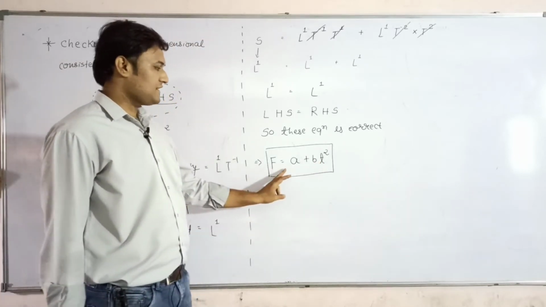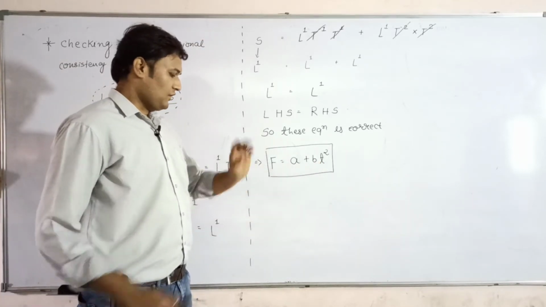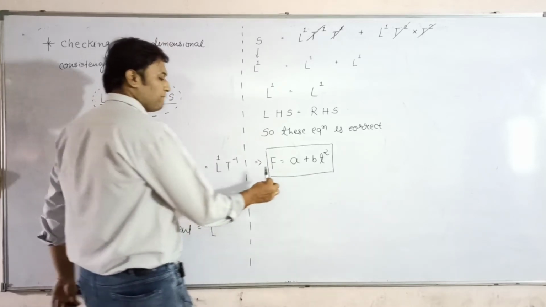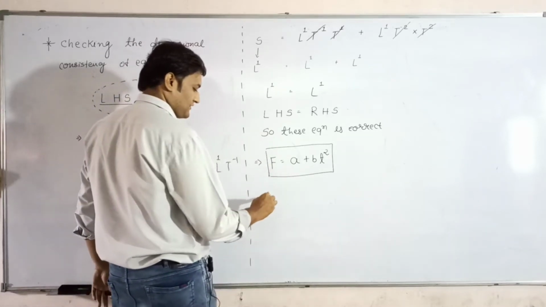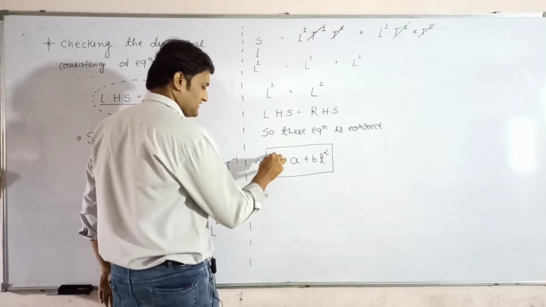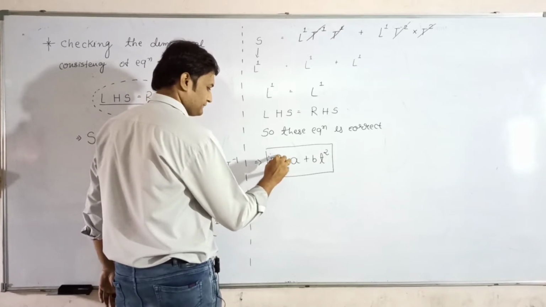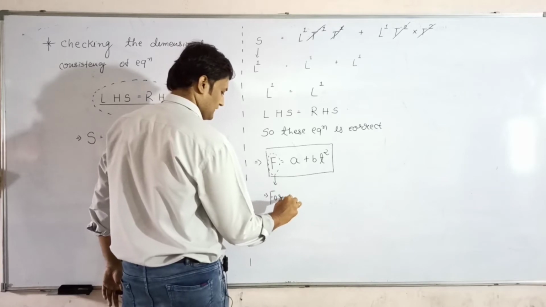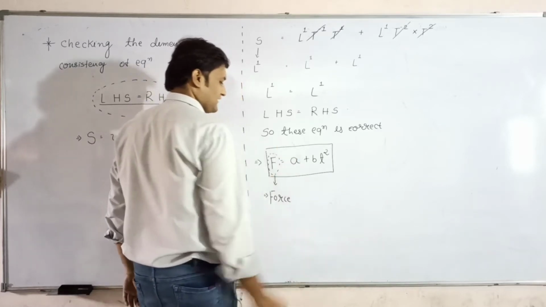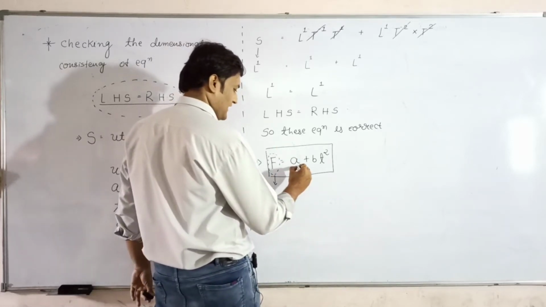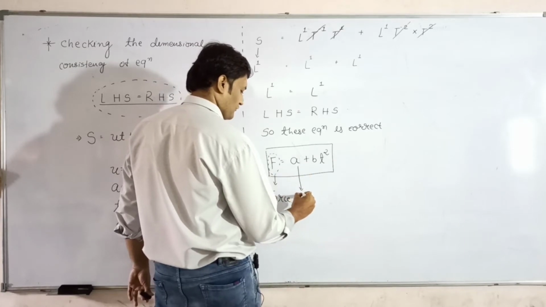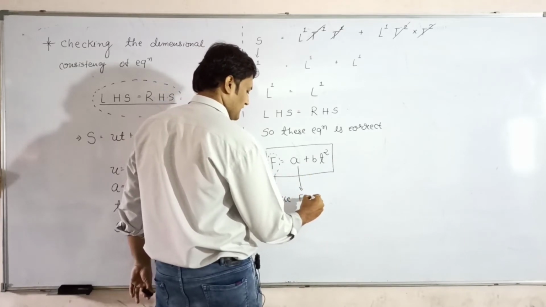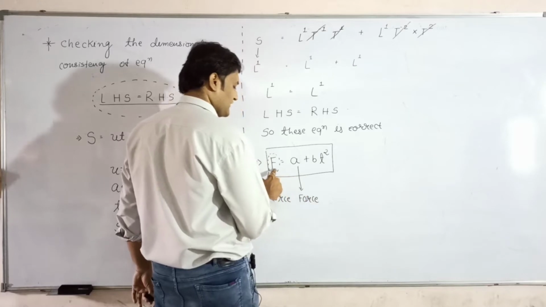So here we compare LHS is equal to RHS. So this is the force. If this equation is correct, we can say a is force because we compare force with force.